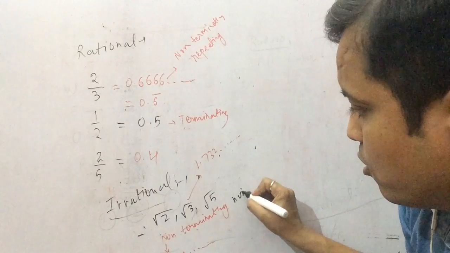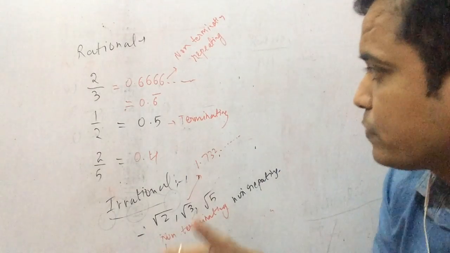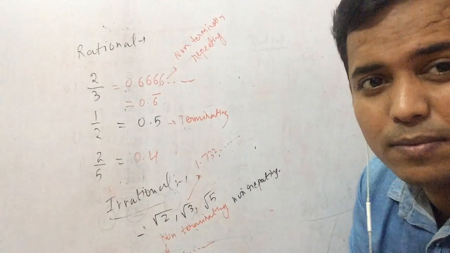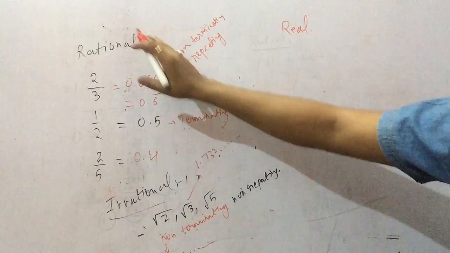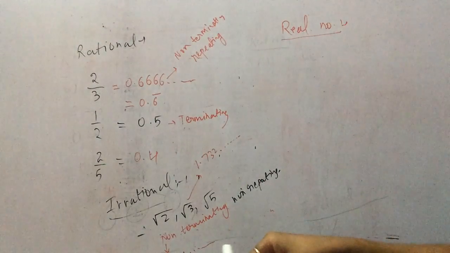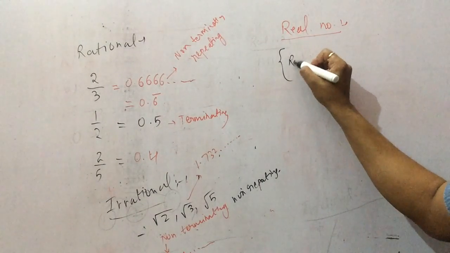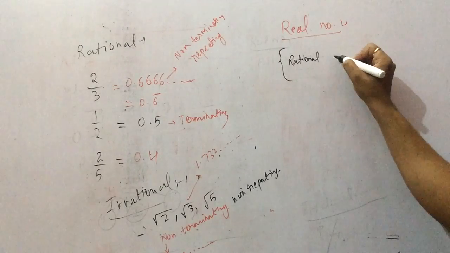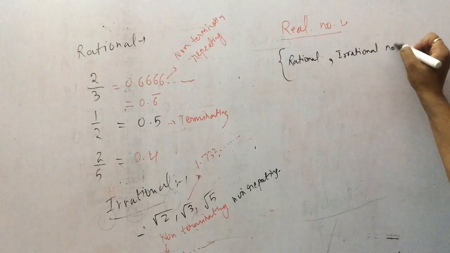Okay. Now let's talk about the real numbers. The real number is a collection of rational numbers and irrational numbers.